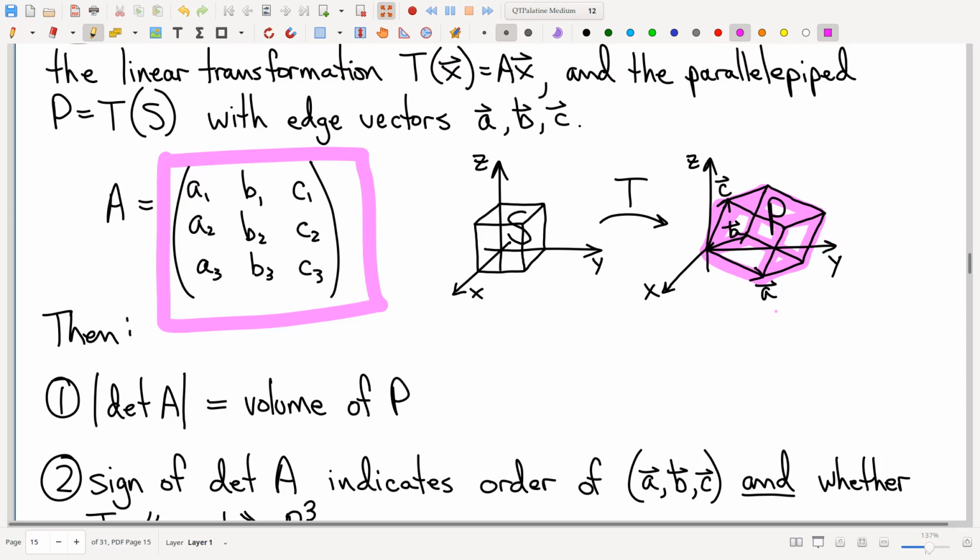Said differently, does the intrinsically right-handed order e1, e2, e3 turn into a right-handed ordered list of images? Or does the right-handed e1, e2, e3 turn into a left-handed list of images? All determined by the determinant. Is that cool? Everybody happy?